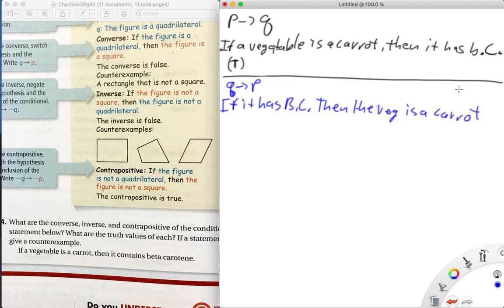I have to think of something that makes this true and this false. There's plenty of vegetables that have beta carotene that's not a carrot, so I'm going to say that this is false. It doesn't even have to be a vegetable, but I can think of vegetables that do as well. So that's false.